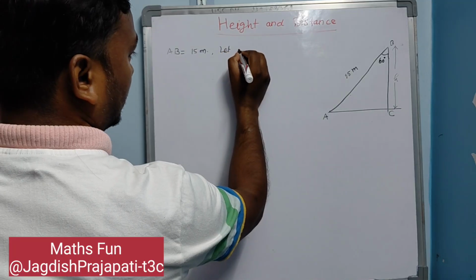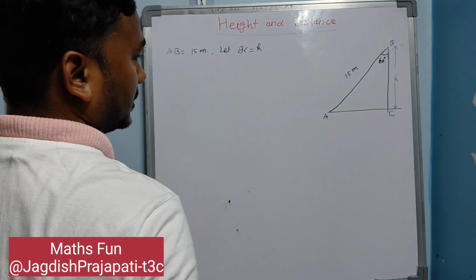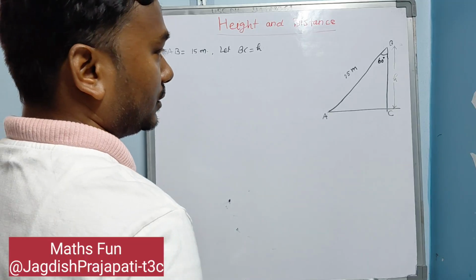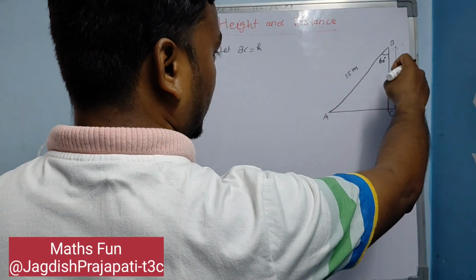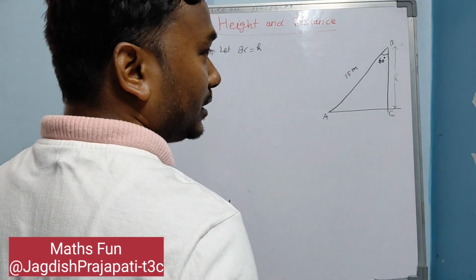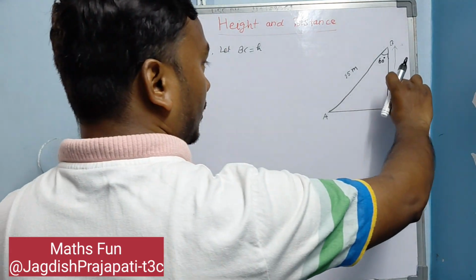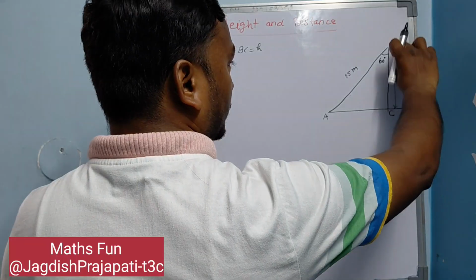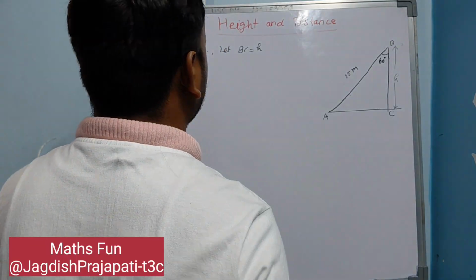Let BC equal to h. So we have to find this height. We have to find the height of the wall. How high this wall is, we have to find that.